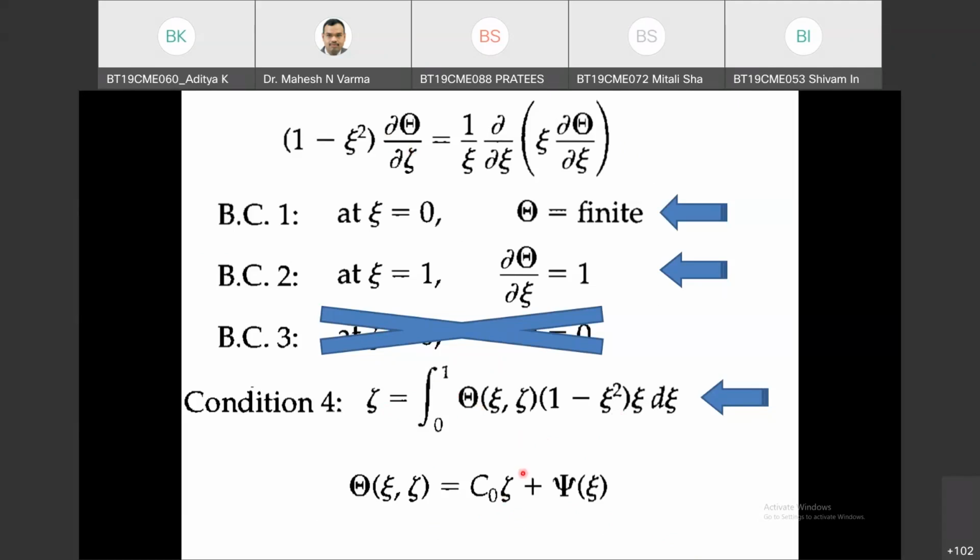Using this, I need to set up this whole problem and try to prove that this is my solution for this differential equation, which satisfies all these 3 boundary conditions, and get the value of C0 and all the constants in this psi of epsilon.